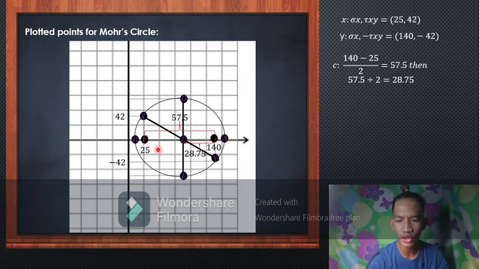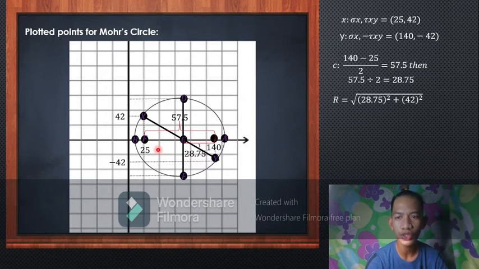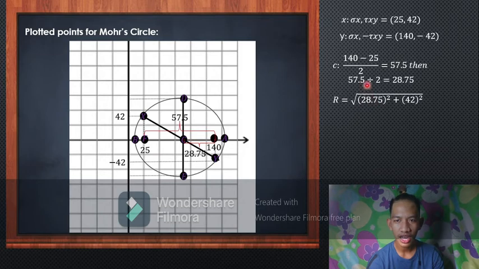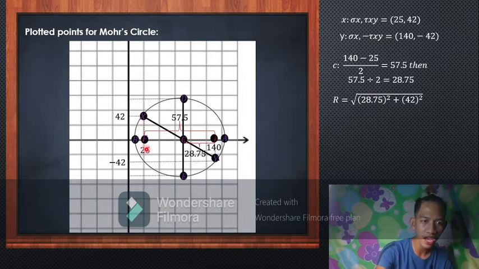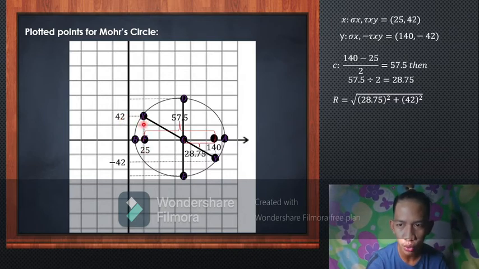The next thing we do is find its radius. We take 28.75 squared plus the height, which is from F to X, which is 42, squared.